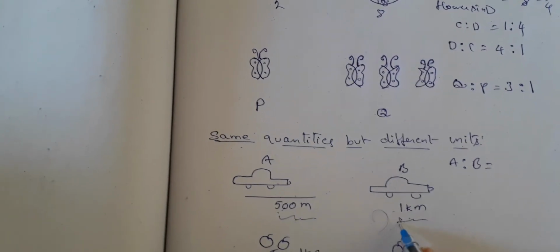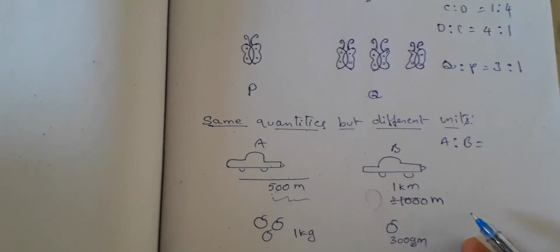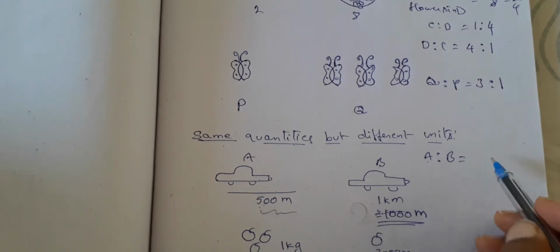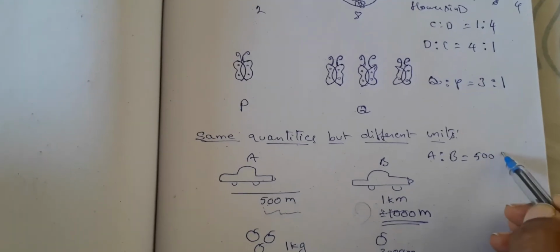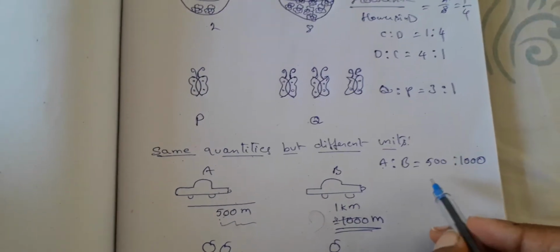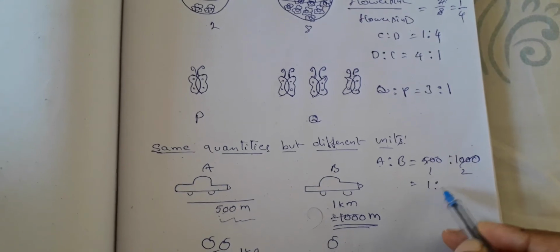Here 1 kilometer can be written as 1000 meters. So when I write A is to B, it is 500 is to 1000. That means 500 one time and two times. So this is 1 is to 2.